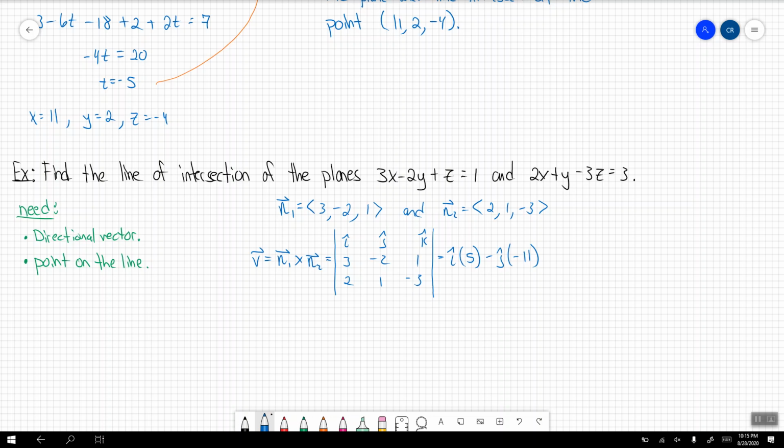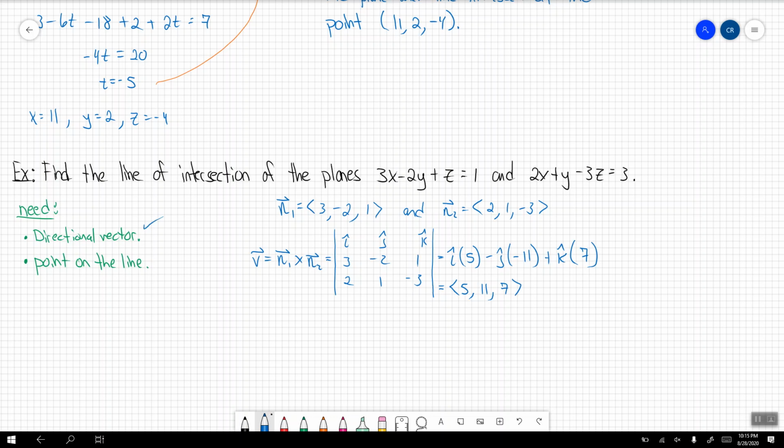Good so far. Keep going. Plus the k component. The k component is going to be 3 plus 4, so that's going to be 7. So we have our directional vector. That directional vector has components 5, -11, and 7.